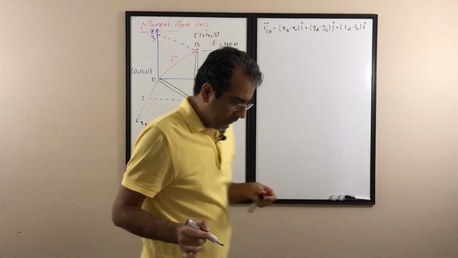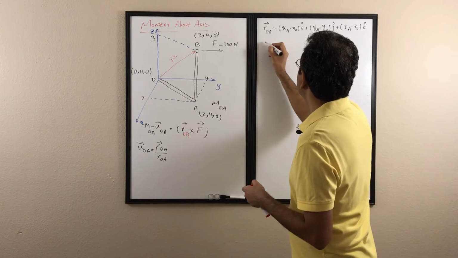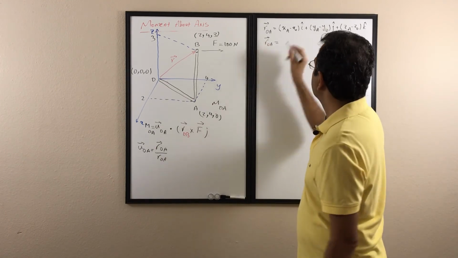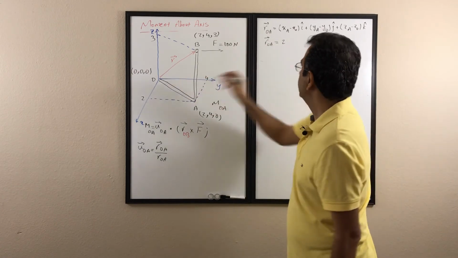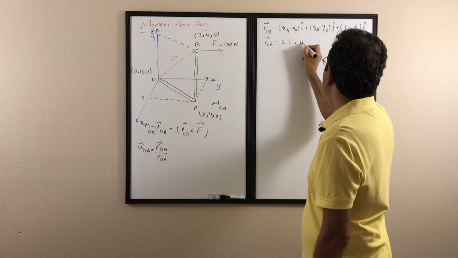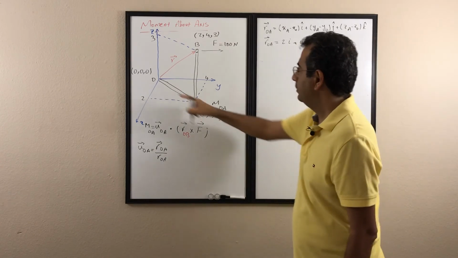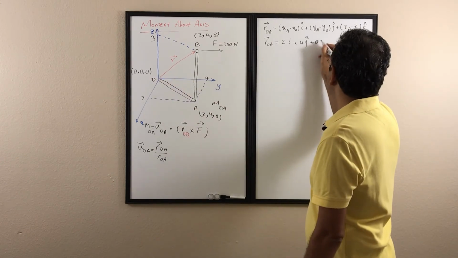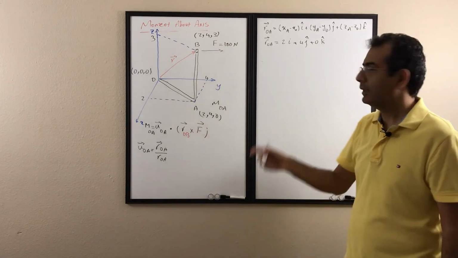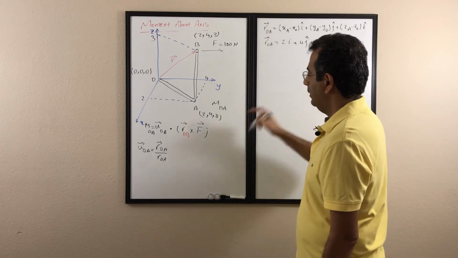So if I substitute these values, the ROA is going to be 2 minus 0 I plus 4 minus 0 J plus 0 minus 0 K. We don't need to write 0 K, but because we use it later in the calculation, I keep it there.